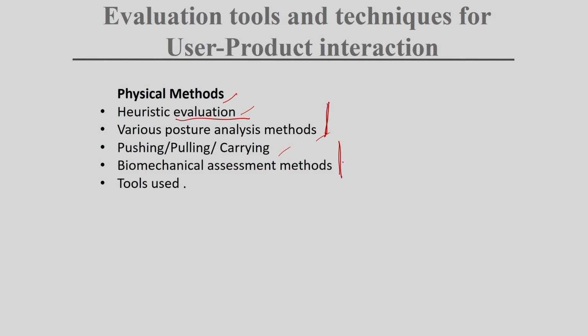In this biomechanical assessment method, within this purview, we will discuss something very basic, biomechanical push and pull. Biomechanical analysis is very important, as we have discussed with posture: how much muscle force you need to push, to pull, to carry from one place to another.